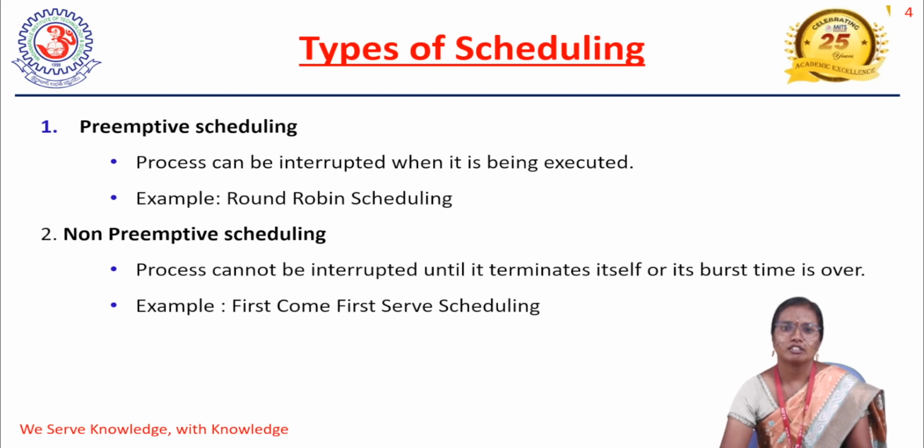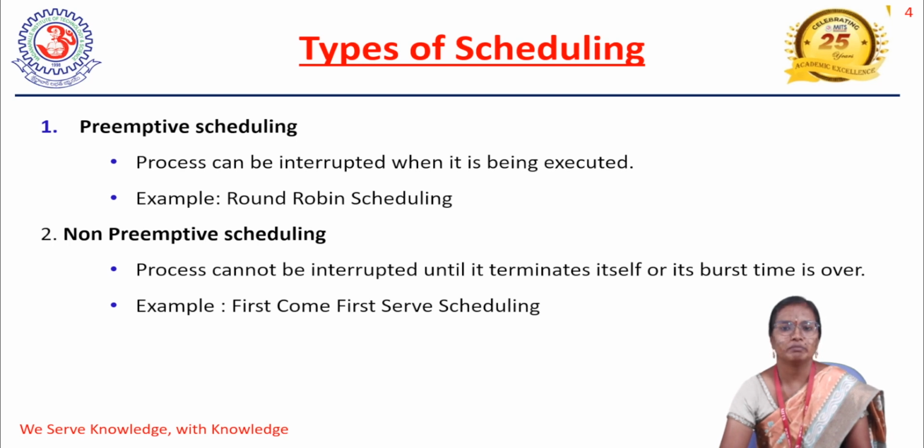The second type is non-preemptive scheduling, in which the process during execution is never interrupted. Once the process starts to execute, it will continue until it terminates, or otherwise the burst time is over. If any higher priority process arrives in between, it won't be allowed.